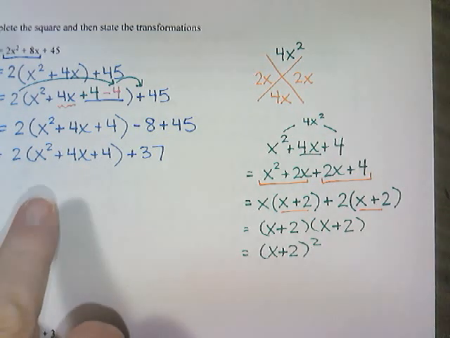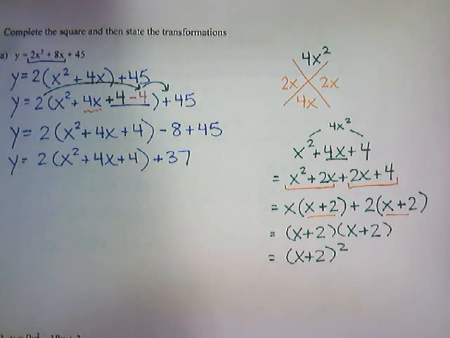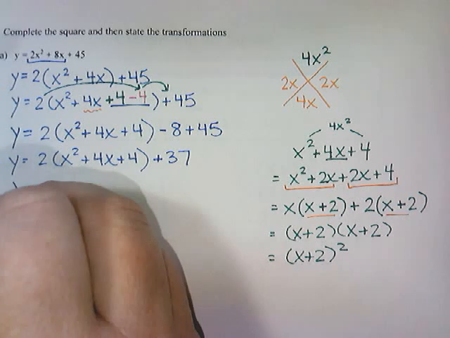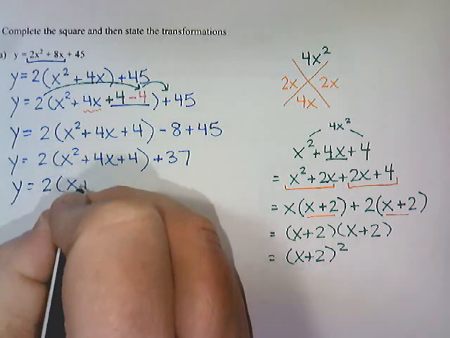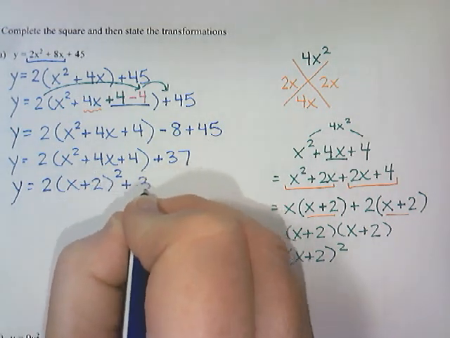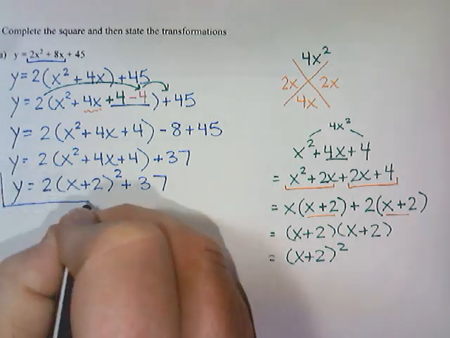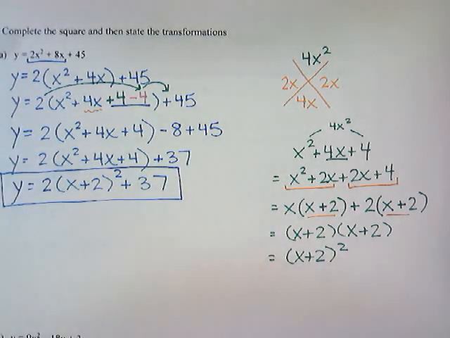So I'm going to take out the x squared plus 4x plus 4 and put in x plus 2 squared. So we get y equals 2 times x plus 2 squared plus 37. And that is my equation in vertex form.